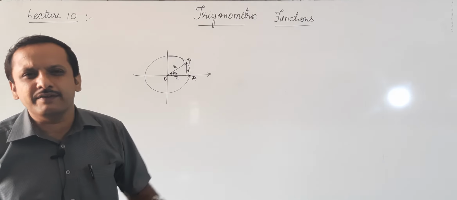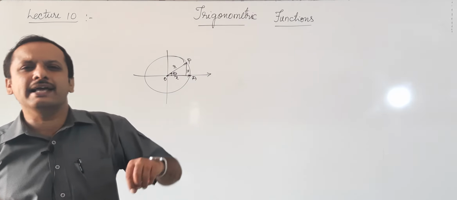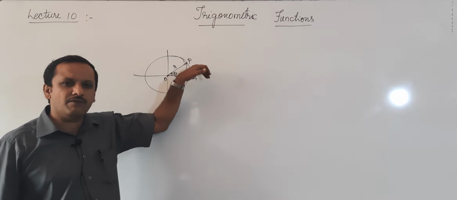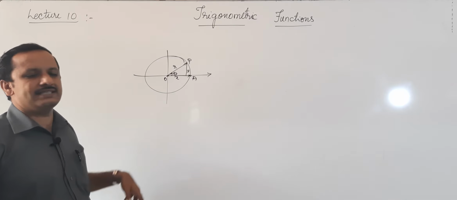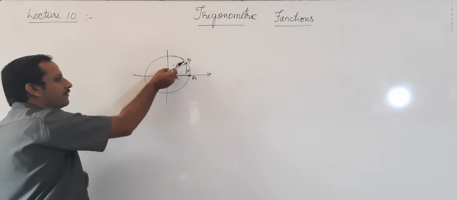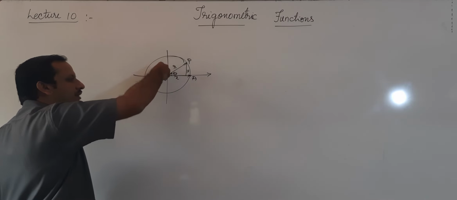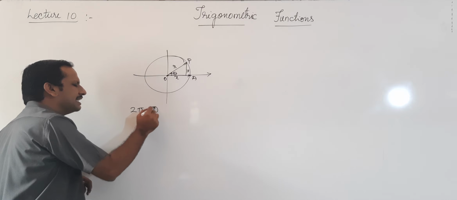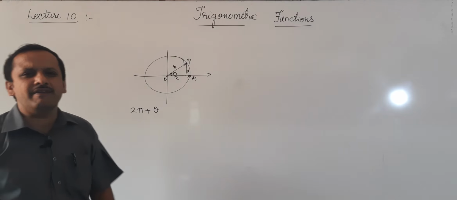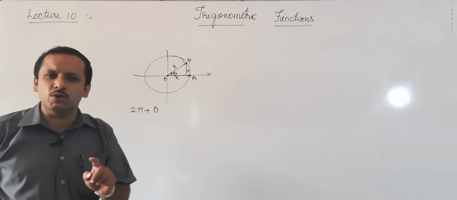If I cover one full circle, I come back to that position itself, so the value of the trigonometric function remains the same if I take one full circle and another theta. That means if I take 2 pi plus theta, there is no change in the value of that trigonometric function, which I have told you already.